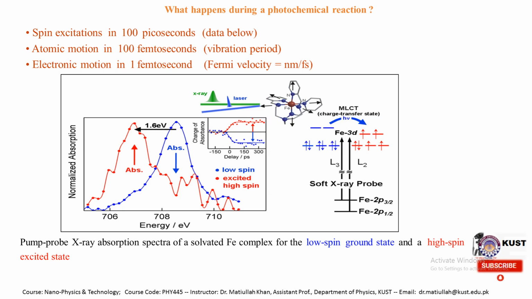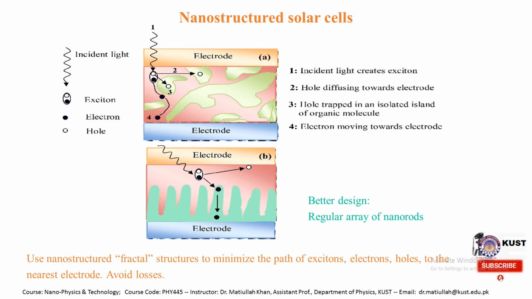So we have spin excitation in 100 picoseconds shown here, atomic motion in 100 fs, and further electronic motion in 1 fs is also described.